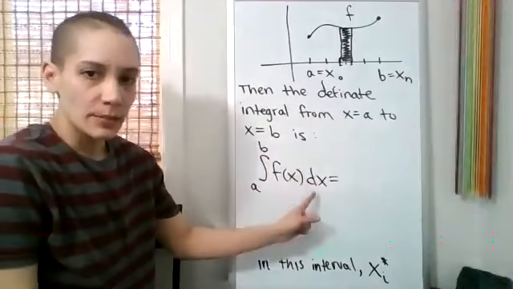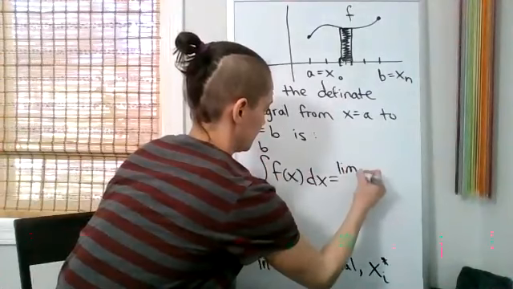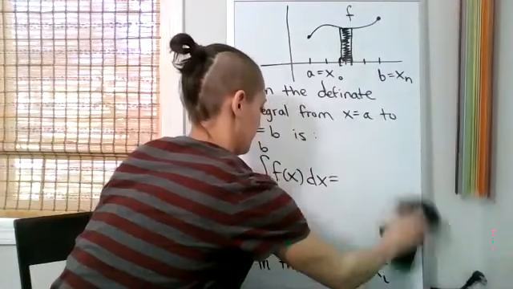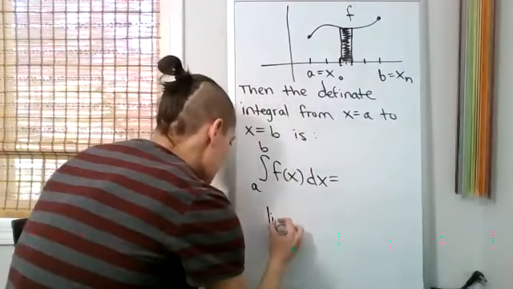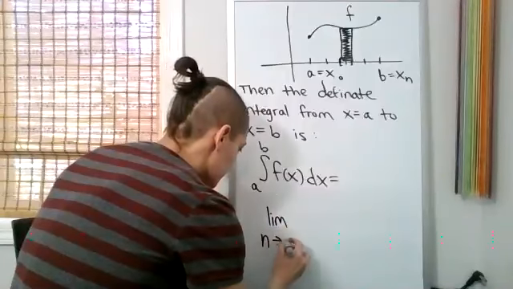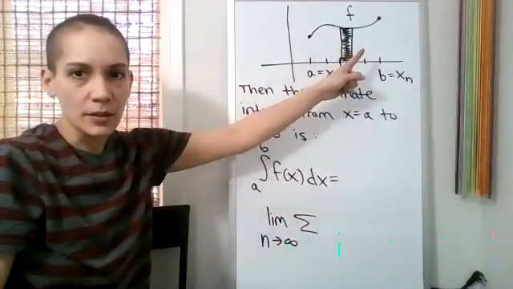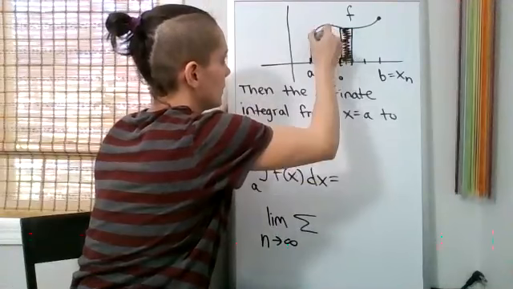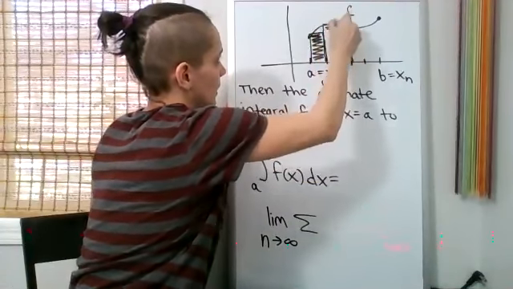And it's actually the limit as n goes to infinity of the sum of all of these rectangles. So let's say you've got one here, different heights for each one, depends on which value.